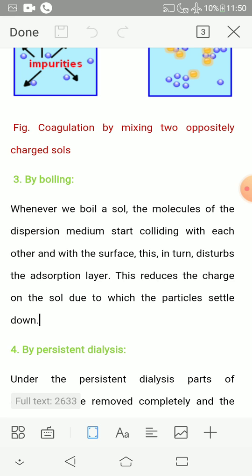This reduces the charge on the sol, due to which the particles settle down. So by boiling, you can coagulate the particles of a colloidal solution.